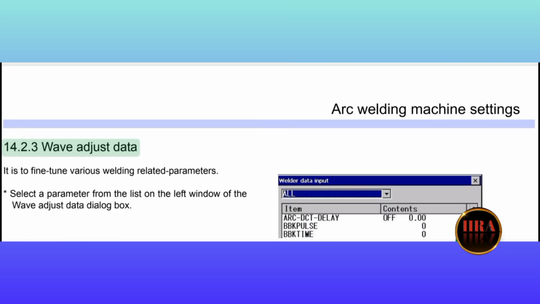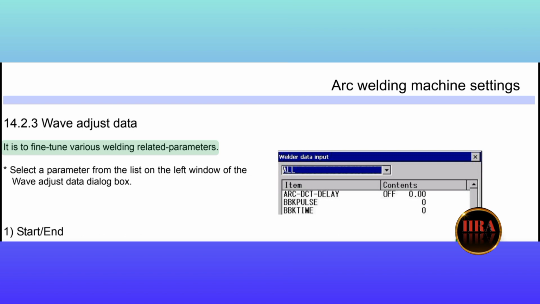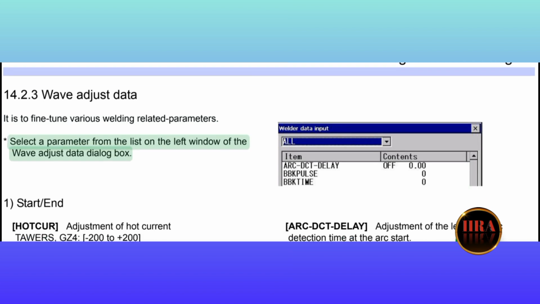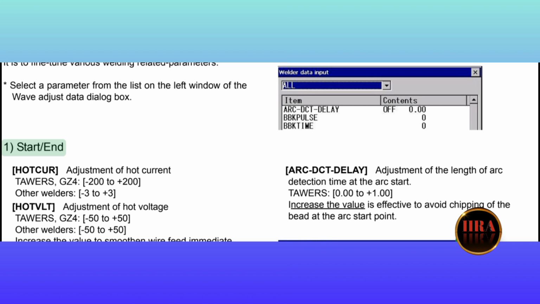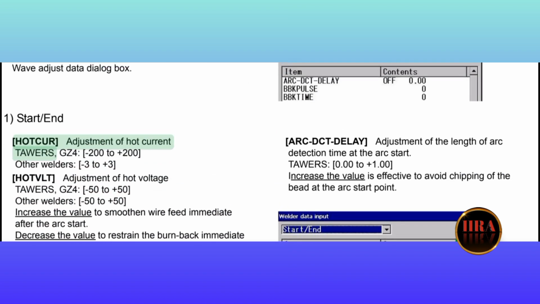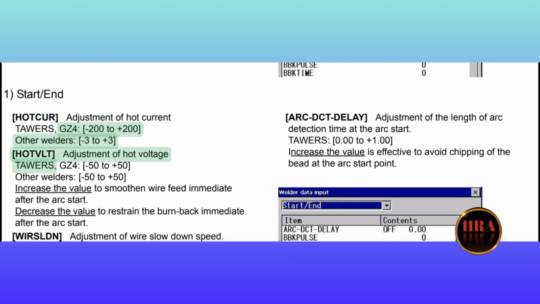14.2.3 Wave adjust data. It is to fine-tune various welding-related parameters. Select a parameter from the list on the left window of the Wave Adjust Data dialog box. 1. Start, End. HOTCUR, adjustment of hot current: TAWERS, GZ4, -200 to +200; other welders, -3 to +3.